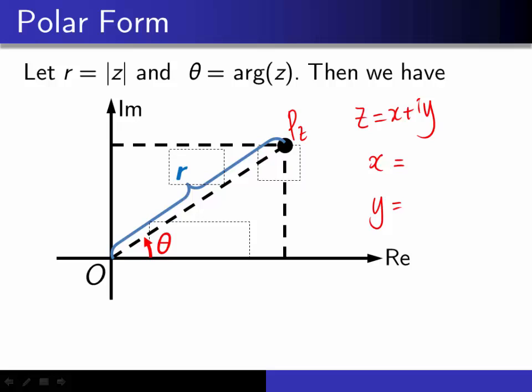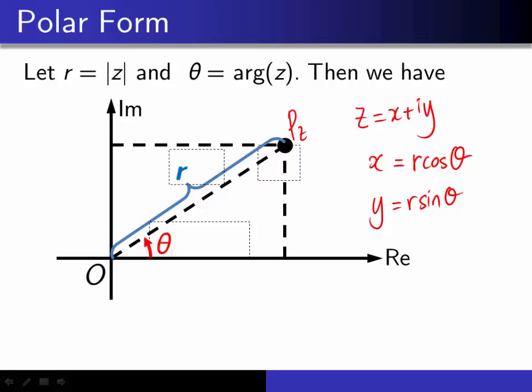x is equal to r cosine theta. Very good. What is y? r sine theta. Correct? Not difficult, right?